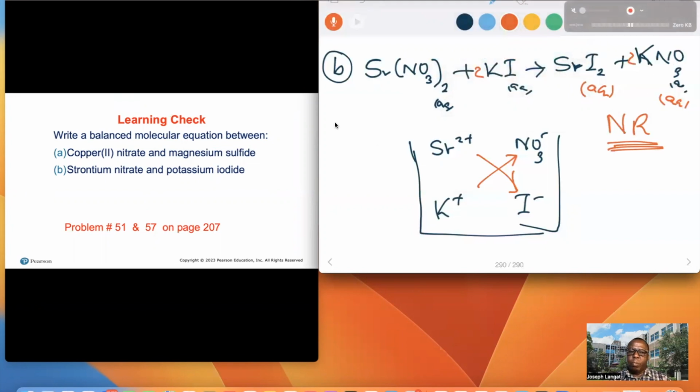For the sake of it, just to balance out the equation, balance the ions. Please look at problem number 51 and 57 on page 207 for more practice on precipitation reaction.